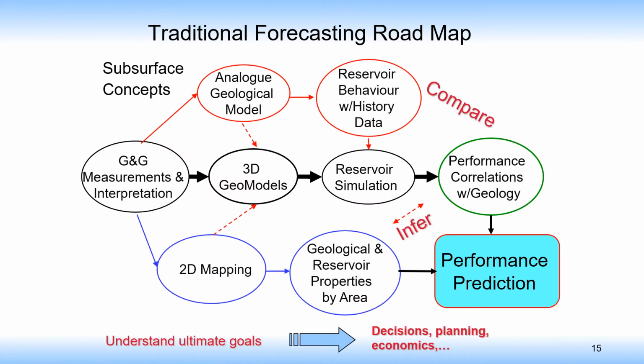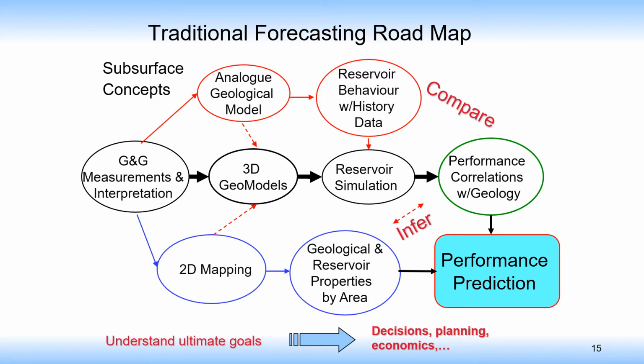This is a general diagram on the forecasting roadmap in a subsurface team. We have our concept models. We have some analogous reservoir information. The team is driven by that to make interpretations, do regional or area mapping.